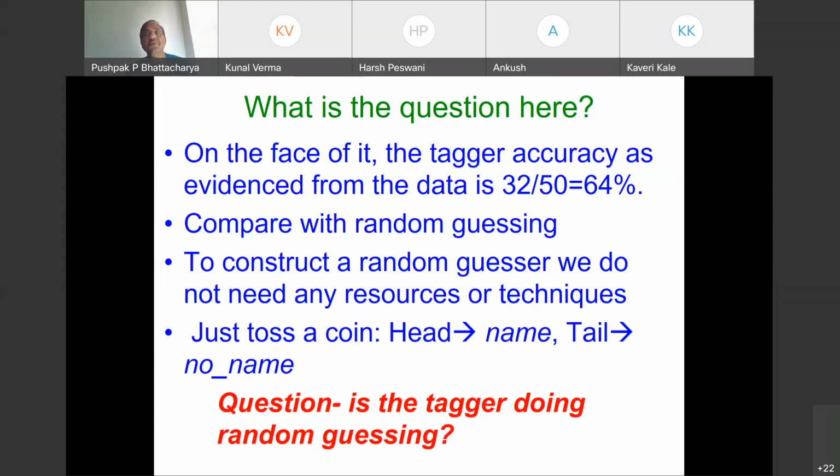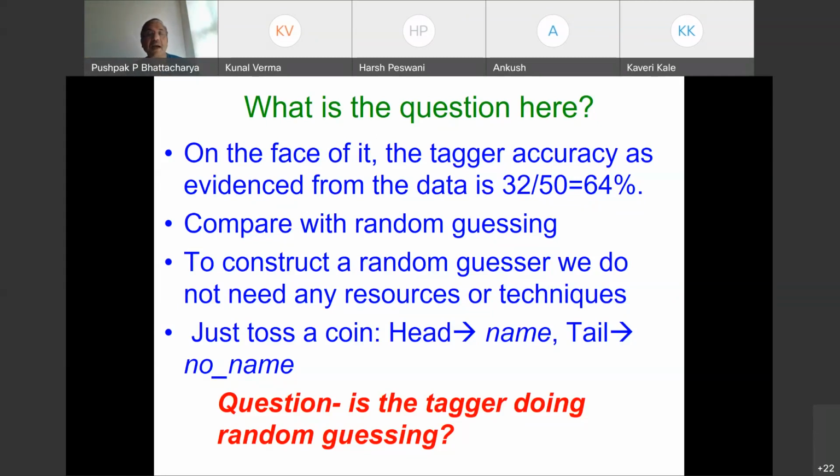And those of you who are slightly discerning with respect to this discussion will agree with me that we are pitching our observation against a baseline now. Our baseline algorithm is a random guesser algorithm. Okay, and we want to see if our named entity identifier is better than the random guesser.